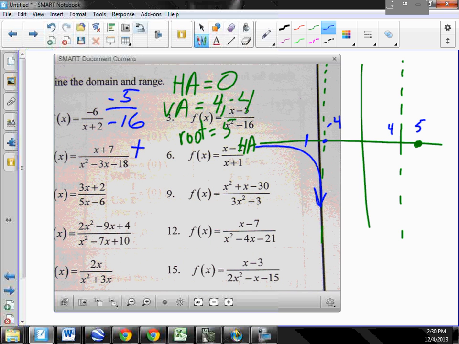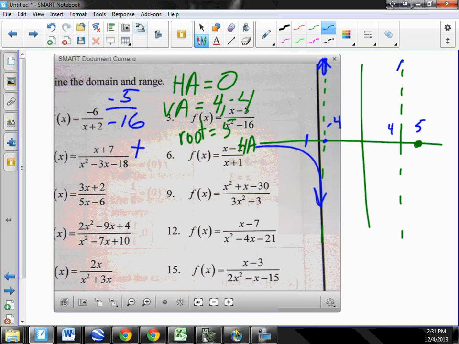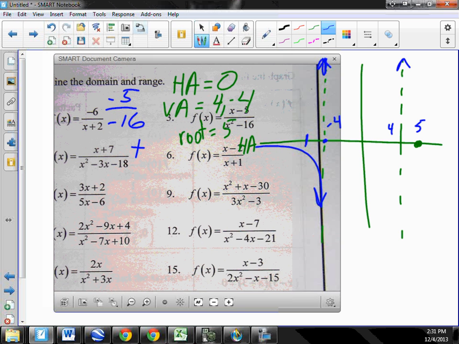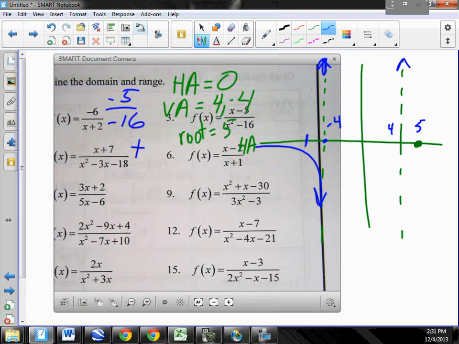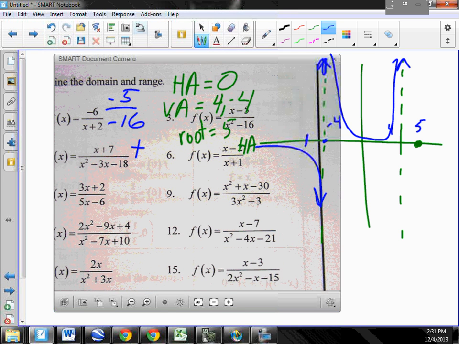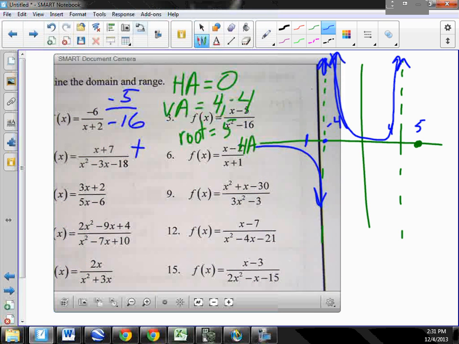So what's the graph going to look like? Is there any way to approach both of these vertical asymptotes and remain positive the entire time? If it's a U shape. And it's not really a parabola, because parabolas are quadratic equations. It's just a U-shaped graph. Okay? And we know it's positive on both sides because there's no root between those two vertical asymptotes.